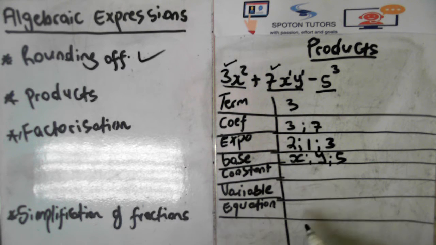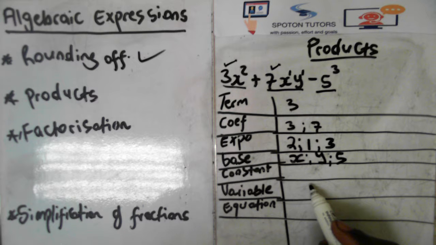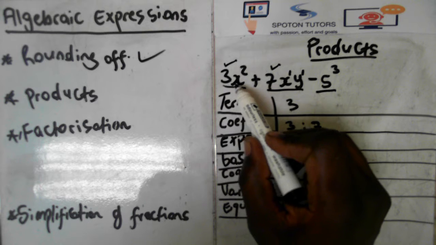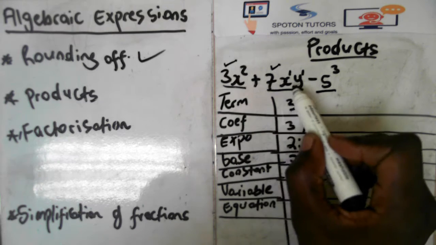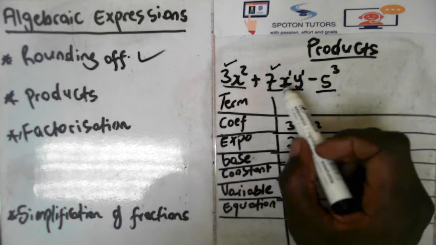The next thing, do we have any constant values here? Constant values are the values that represent digits. So do we have any digits here?